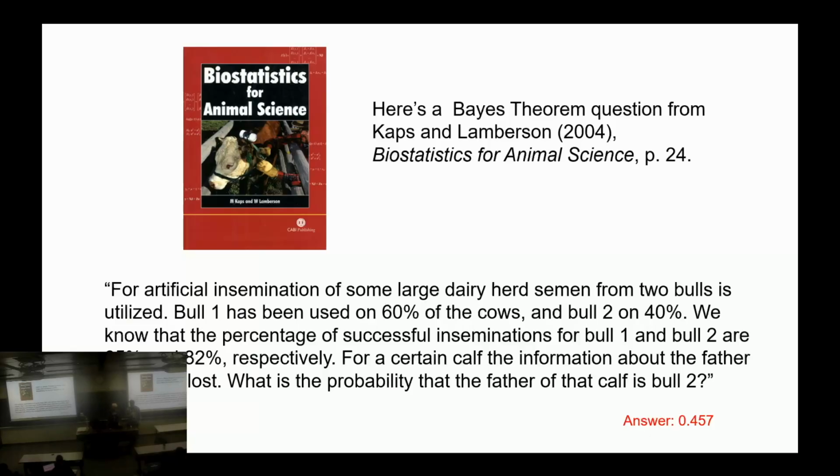They're trying to find the probability of the father of the calf. They do not know. Oh my goodness, this is so shocking. Anyhow, you can try that question. It's a basic Bayes theorem question.